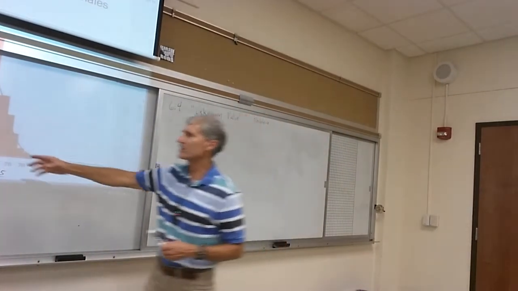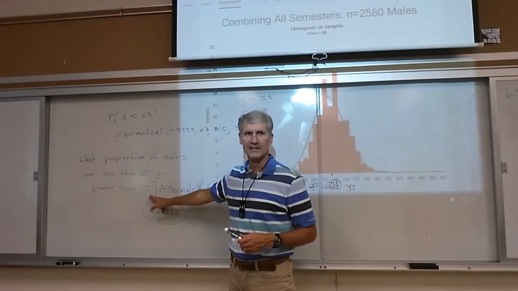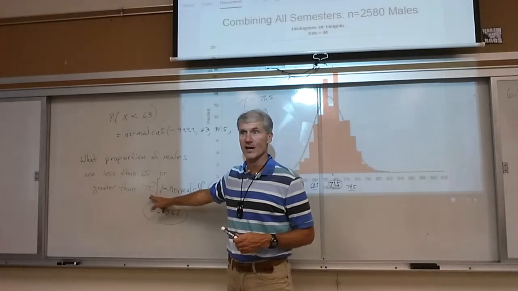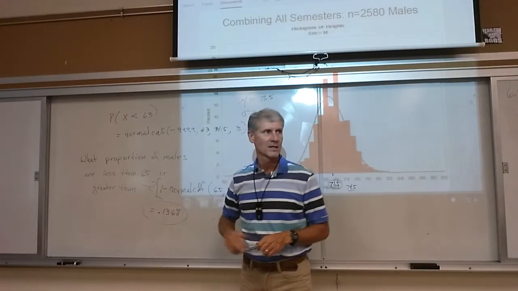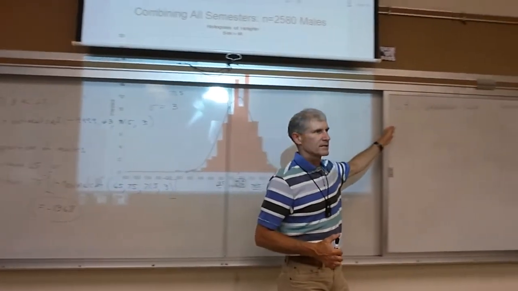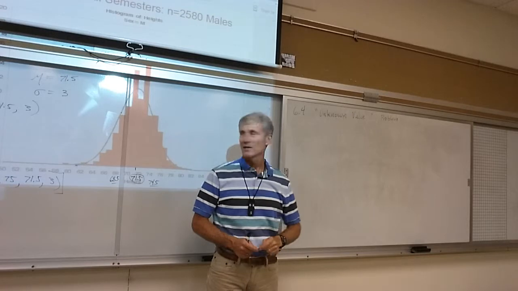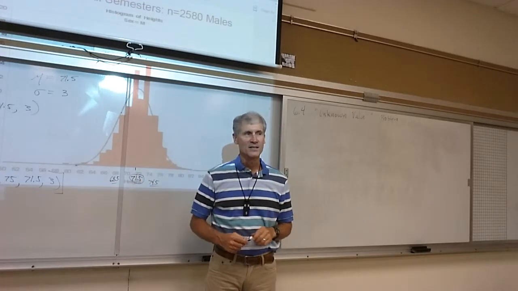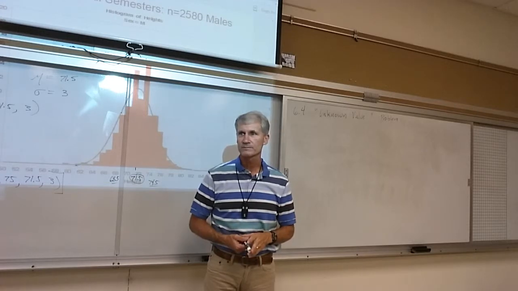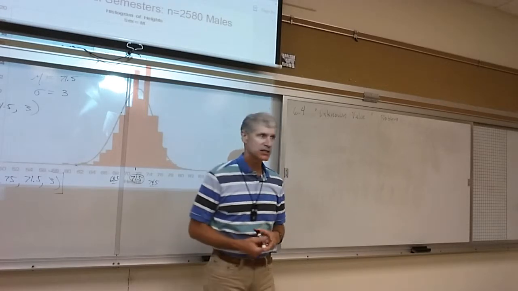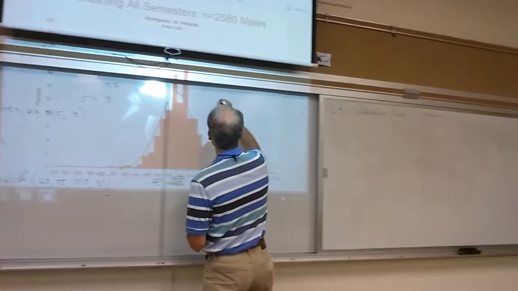They give us values like 65 and 75, and they say, what's the probability, or what's the area, or what's the proportion? It's all the same thing, right? Now we go the other way. They give us a proportion, or a probability, or an area, and say, what value has this area, or this probability? Okay?